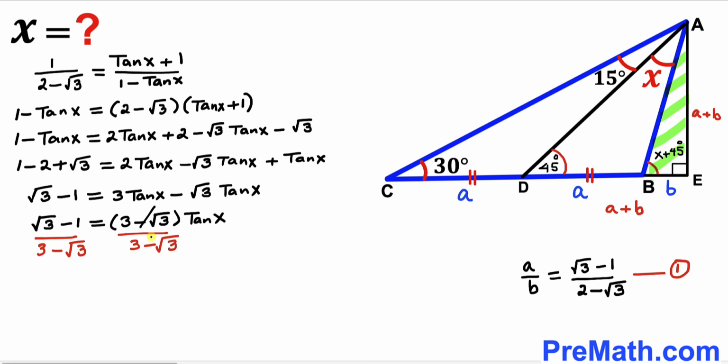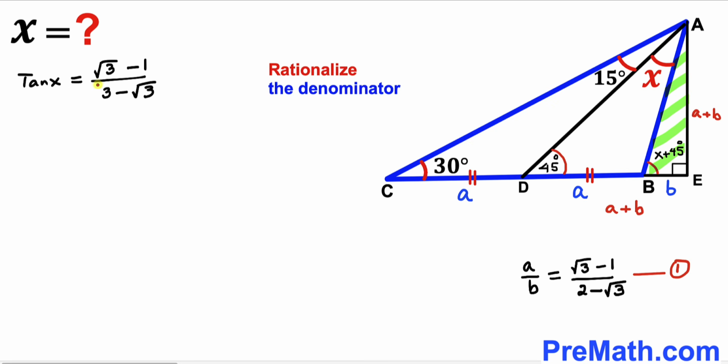We can see this is gone, so therefore our tangent of x value is going to be (square root of 3 minus 1) divided by (3 minus square root of 3). And in this next step I am going to rationalize this denominator by multiplying and dividing by its conjugate, (3 plus square root of 3) divided by (3 plus square root of 3) as well.